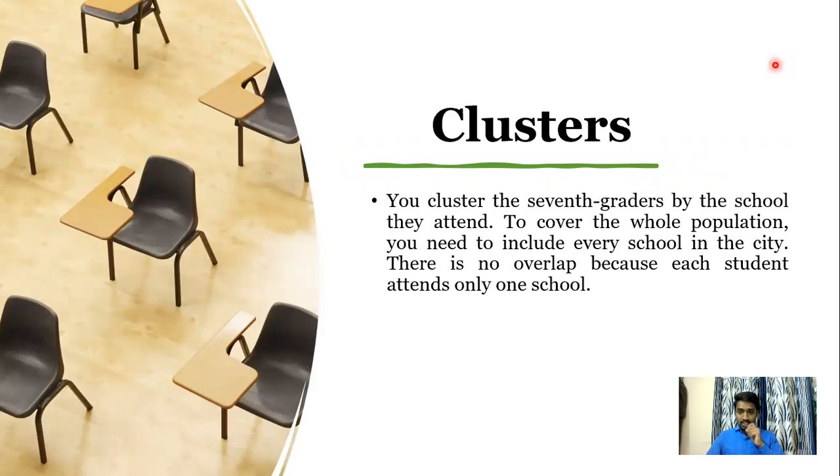Next, your clusters of 7th graders. This is an example of dividing the cluster. I'm saying here, cluster the 7th grade by the school they attend. So here we are going to divide, or cluster, into small groups based on the school they attend, as you can see here.